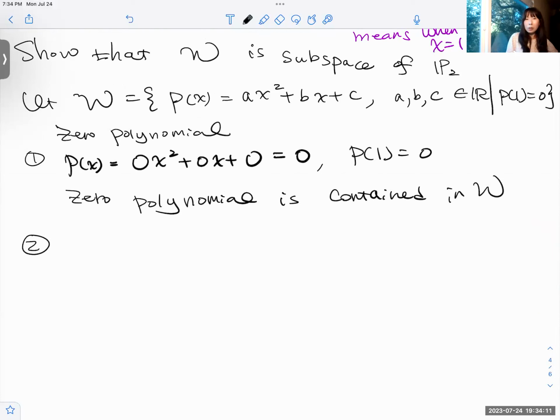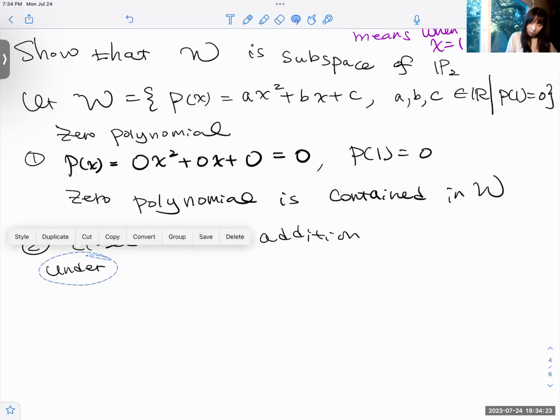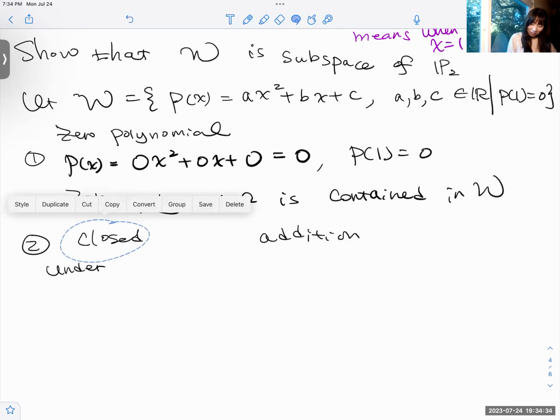Number 2, closed under addition, right? Sounds okay.